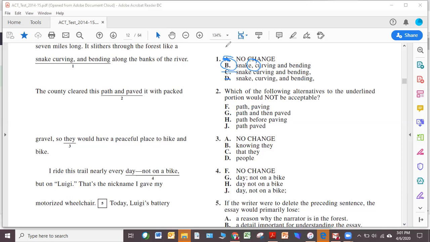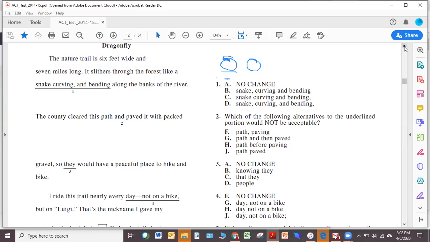Our next step then is not to just be done with it, but a lot of times you will have made the wrong decision up to this point. So you want to plug your answer back in to your whole sentence and see if it works.